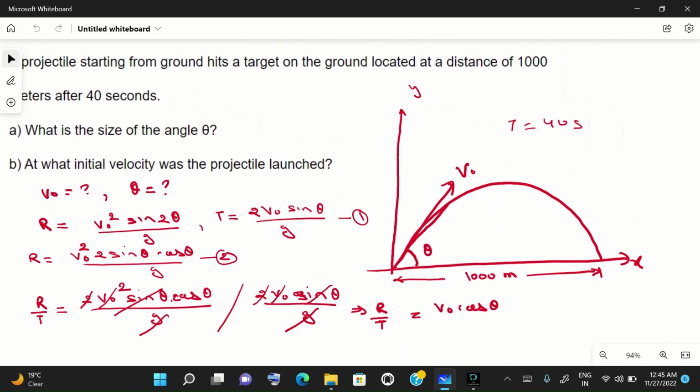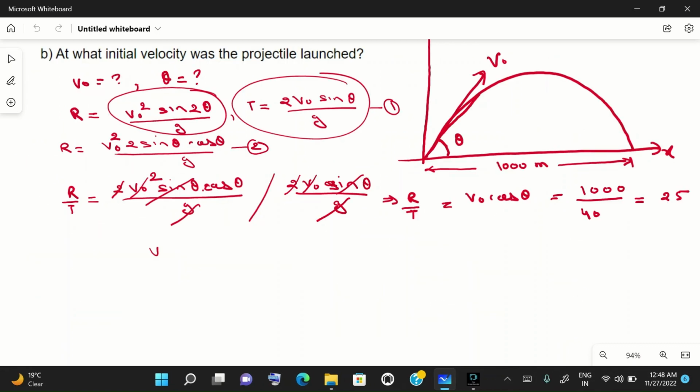And we can put values of R and T here. R is given as 1000 meters, 1000 divided by T, which is given as 40 seconds, this will be equal to 25. So we have v0 cos theta is equal to 25. This is equation number 3. And from equation number 2 you can see that T is equal to 2 v0 sine theta divided by g.